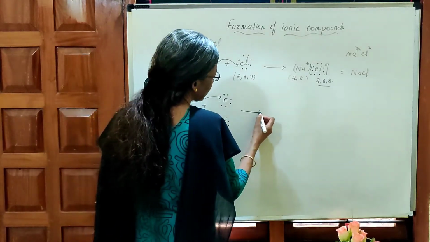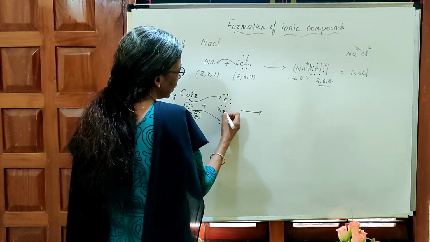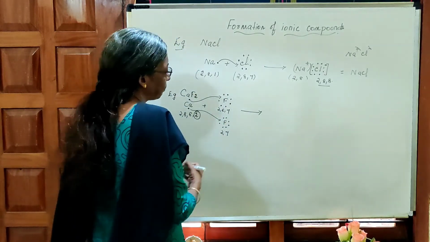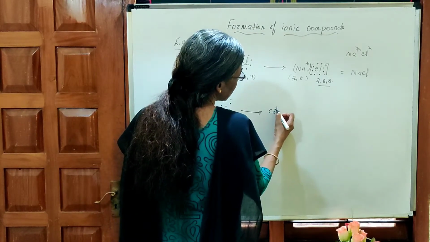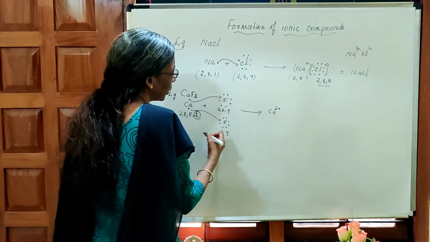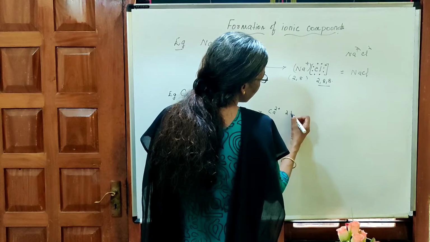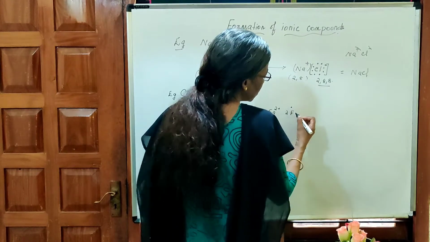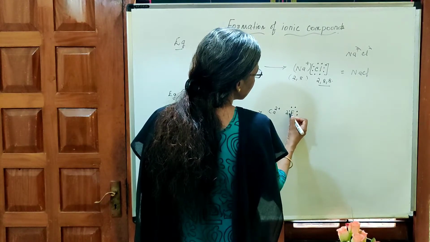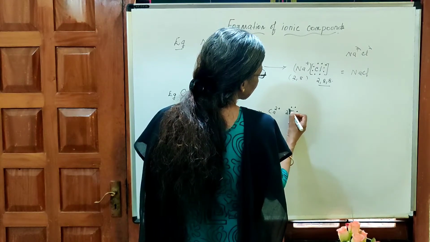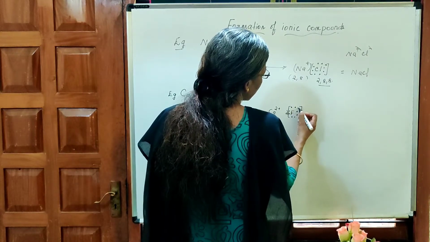So what do you get? Each fluorine now has 2, 8. Calcium lost 2 electrons, so it becomes Ca2 plus, and the fluorines together are 2F minus.